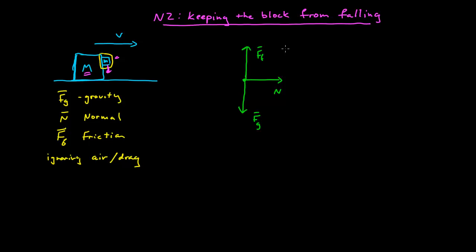I need a coordinate system. I'll put my coordinate system up here, just so it's out of the way. And so I'm going to have the positive x going to the right and the positive y to be up. With my coordinate system, I can now look at the vector sum of all my forces.